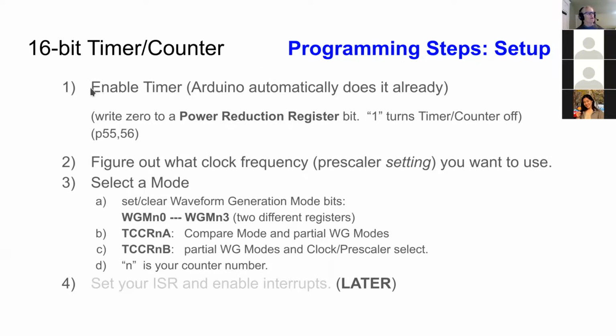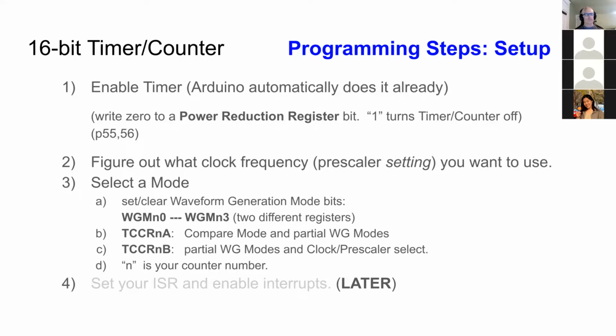And so the first step is enabling the timer. The chip has a thing called the power reduction register, and it has bits for each timer. And you can turn off the timers that you don't want to use, which actually saves energy. And in many applications, as you know from your phone, energy equals battery life. And so you may really want to save that energy.